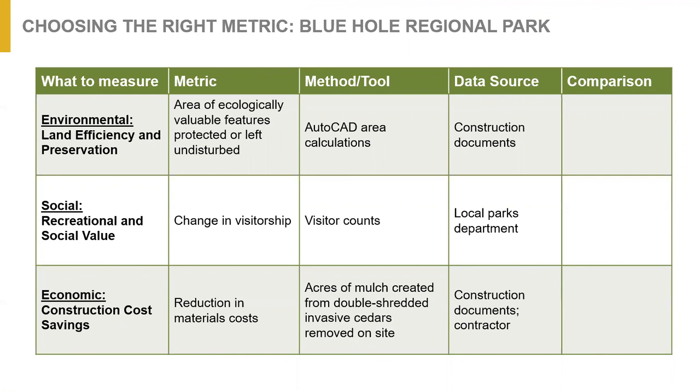Reduction in materials costs: the method could be looking at the acres of mulch that are created from shredding the invasive cedars that they actually took from the site. And we could find out about that from either the construction documents, or we could go to the contractor to get a sense, to be able to quantify that metric, that reduction in materials costs.